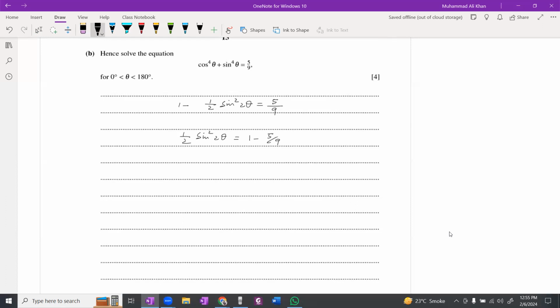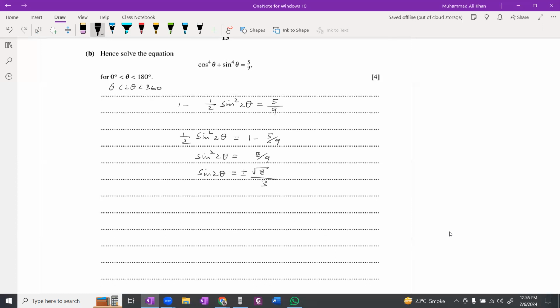And we can also say that sin square 2 theta equals to 8/9, and sin 2 theta equals to under root 8/3 with plus minus. As now the question is of 2 theta, therefore we have to calculate the values from 0 to 360.